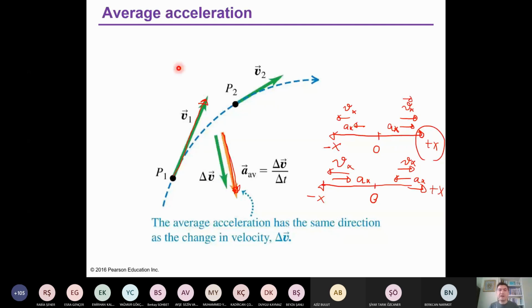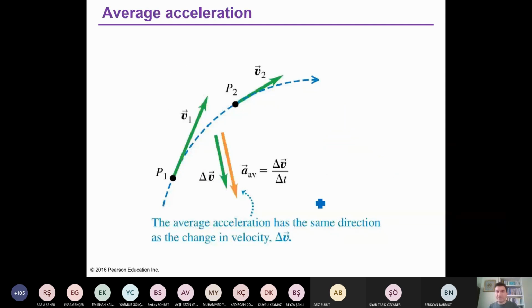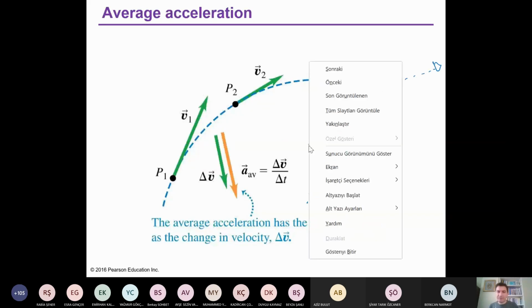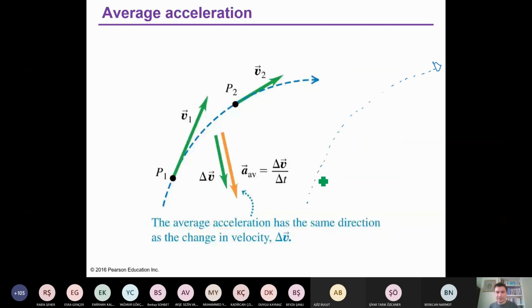Let me discuss another example here. Let's consider again the same curved path. And then we have two positions. This is the initial position and velocity tangent to the path, V1. And this is the second position, tangent to the path.